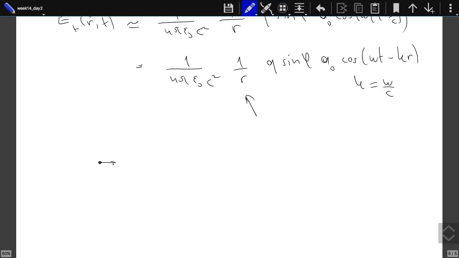So this is what we were studying. We have this charge. It had an acceleration in this direction. And after that, it was moving in that direction. And we are looking for the electric field over here. This is the angle phi. And this is the direction of the ET.